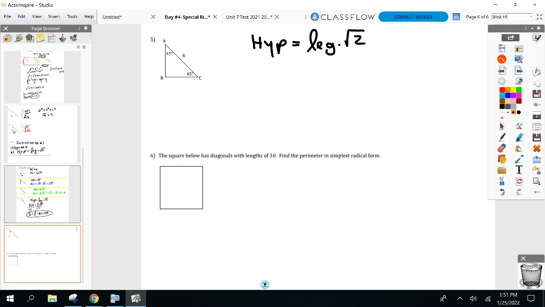Plug in the hypotenuse. 6 equals leg. I'll just keep it L. Radical 2. Again, how do you get rid of the radical 2? How am I getting L by itself? How do I move the radical 2 over? Divide it out.